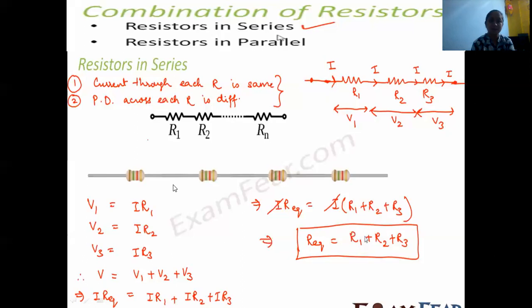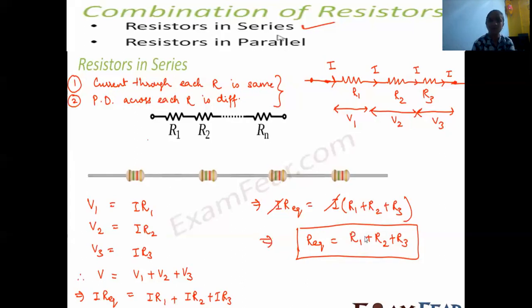When a number of resistors are joined end to end, so that the same current flows through each, the resistors are said to be connected in series.